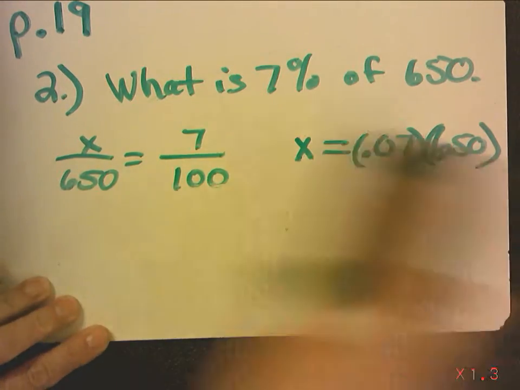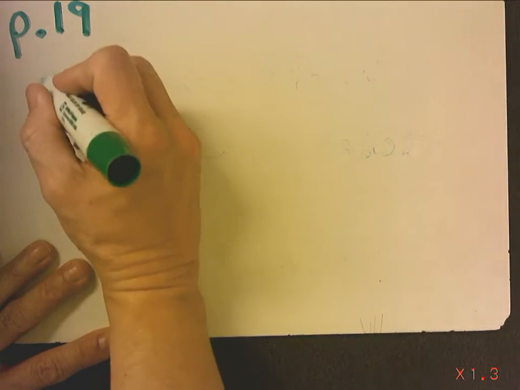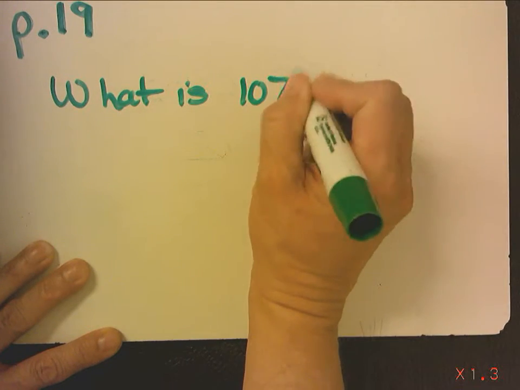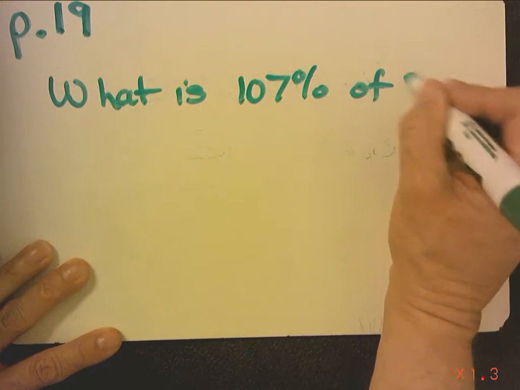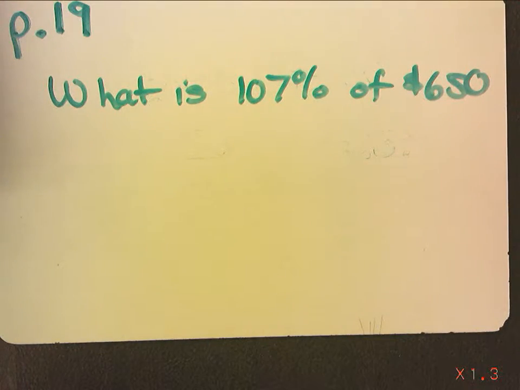Now, another way to get your total cost is you could ask the question, what is 107% of $650? Because 100% of $650 is $650, but you're paying more than $650, which means you're paying more than 100% of the price. How much more? 7% more.